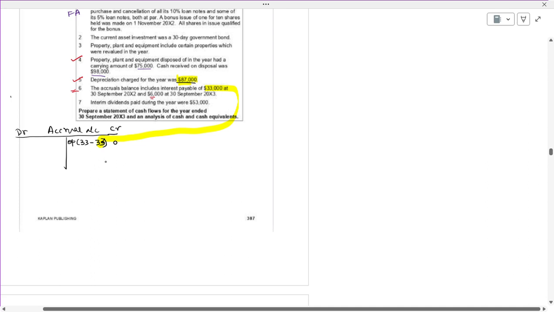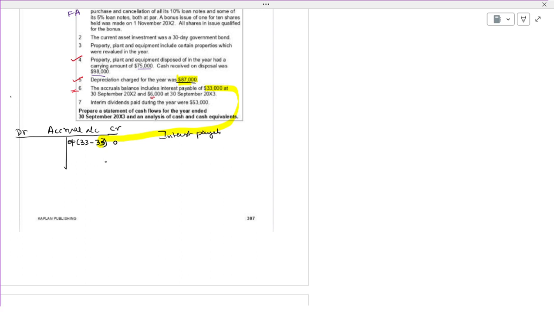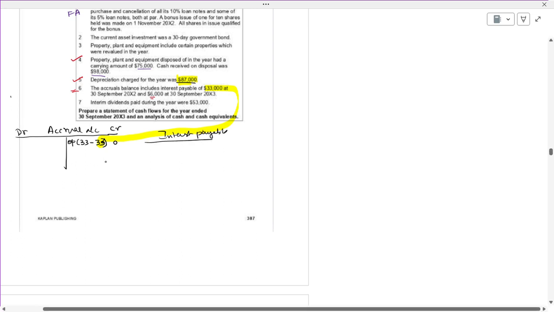If you take that, what is the opening balance of the liability accrual? 0. Now you take interest also, interest payable. In the interest payable, there is an opening balance, the same balance we have deducted.